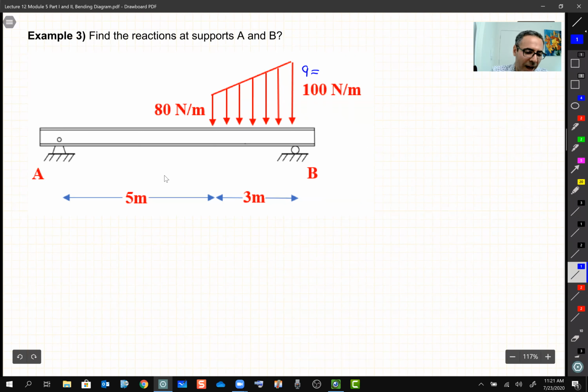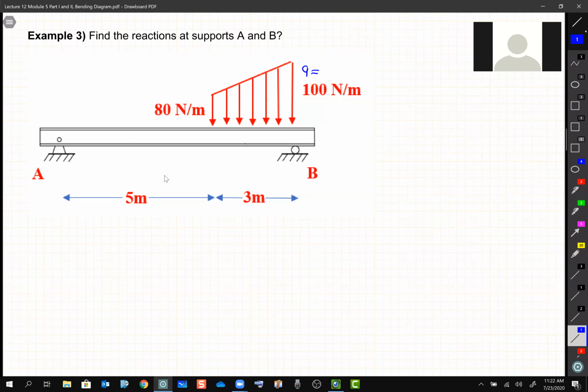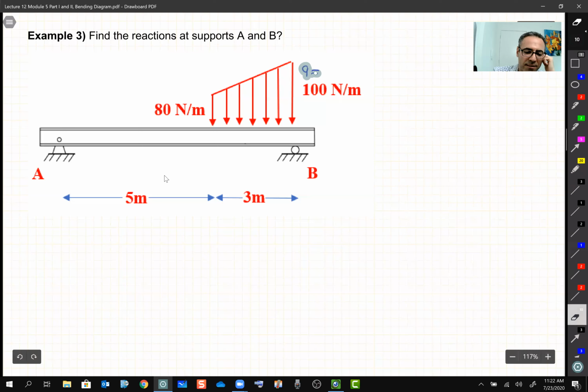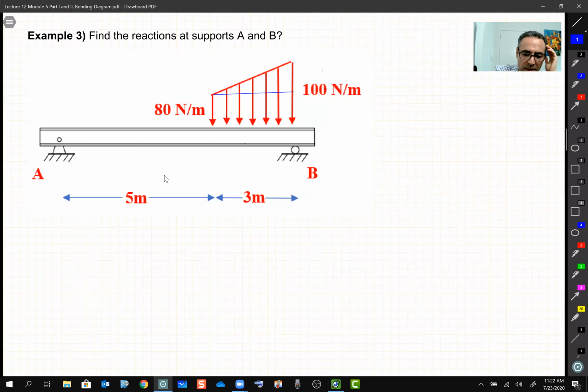So how should we deal then with this one? Any idea? We can probably split it. Split it how? As a rectangle and a triangle. Okay, that's correct. Yeah, as Mohammed said, in this one, we can break it down into two loads: one basically a rectangular shape and one a triangular shape, all right?